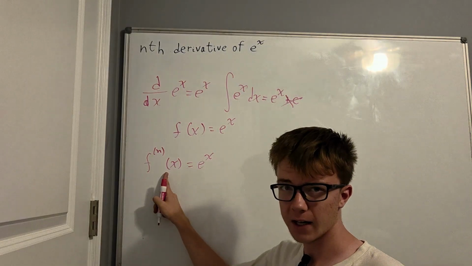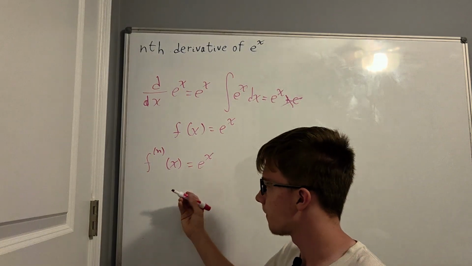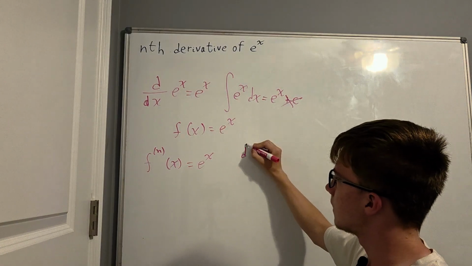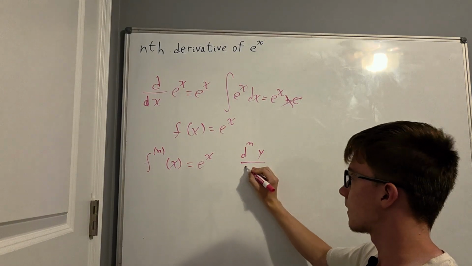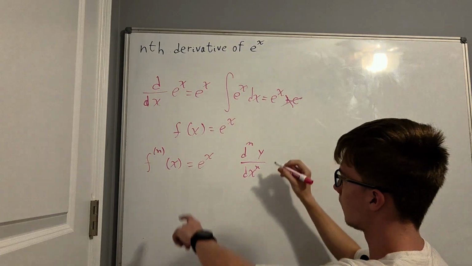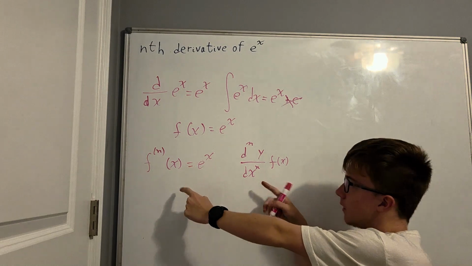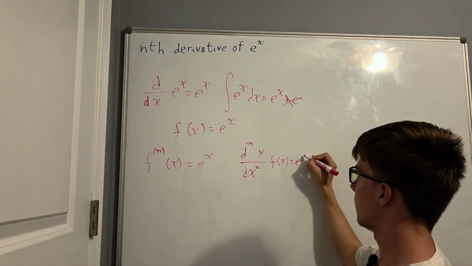Nth derivative of f of x is equal to e to the x. Same thing right here, where we got d^n y over dx^n of f of x. These two mean the exact same thing, equals e to the x again.